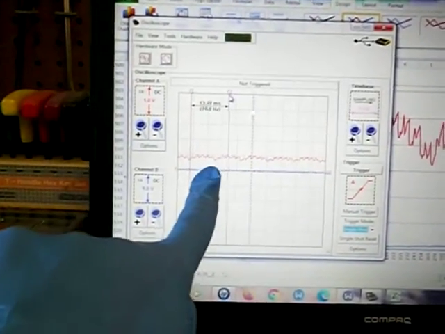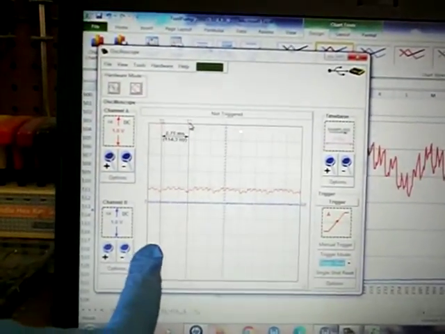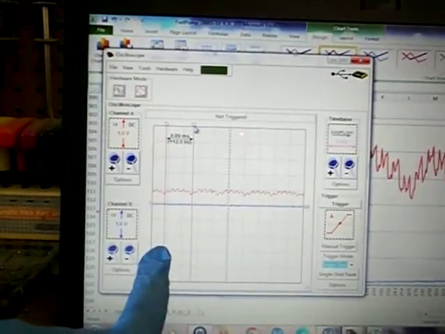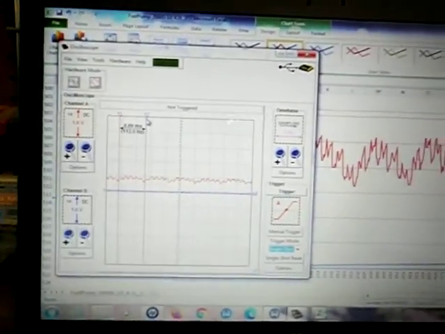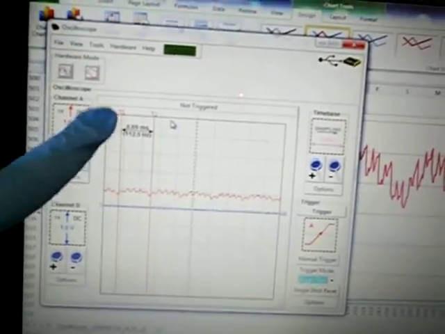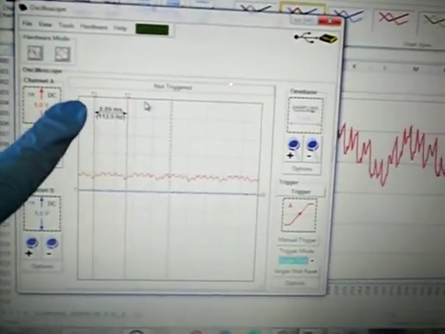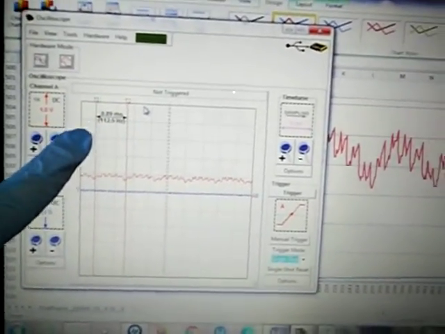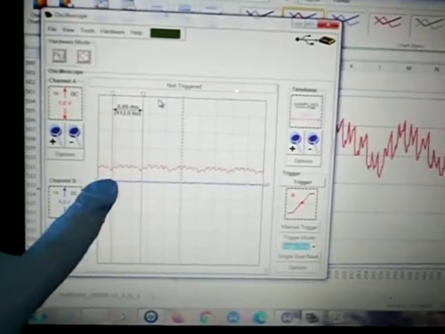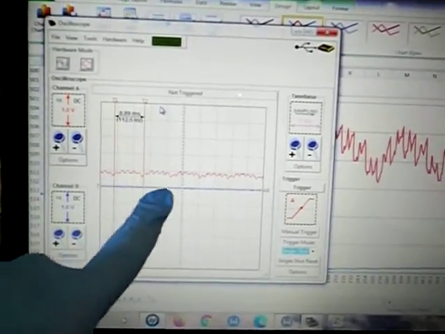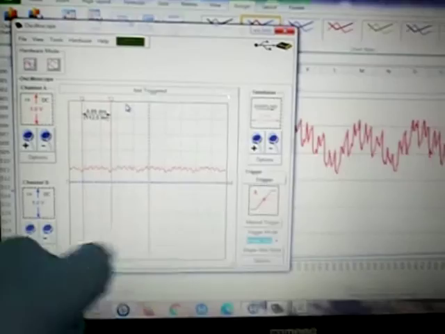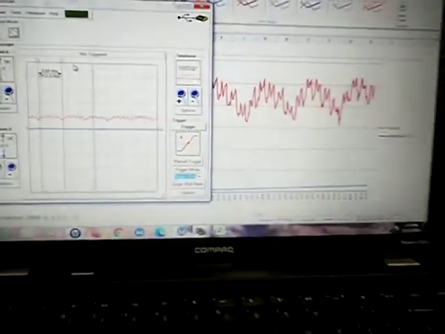And let's move him right here. And I hope you guys can see that. Let me bring the camera in a little closer. So we have 8.89 milliseconds. Now we're going to get a calculator out and we're going to figure the RPMs. But I put it on the low spots where it looks like it's repeating on that pattern.